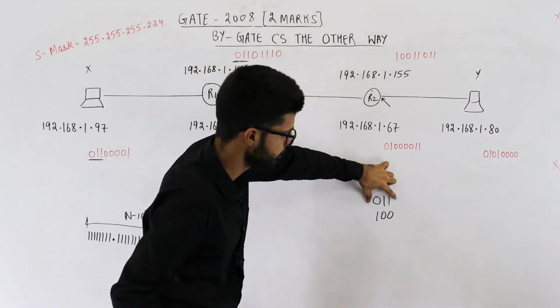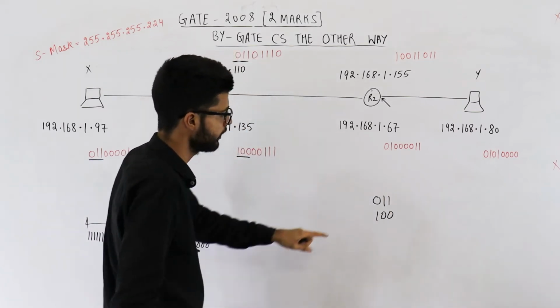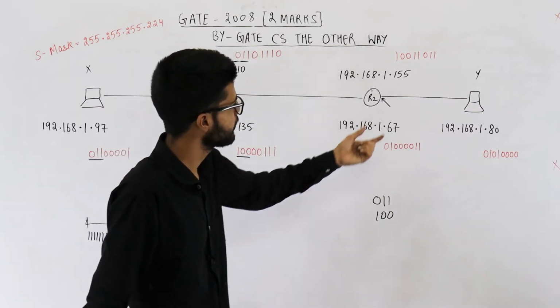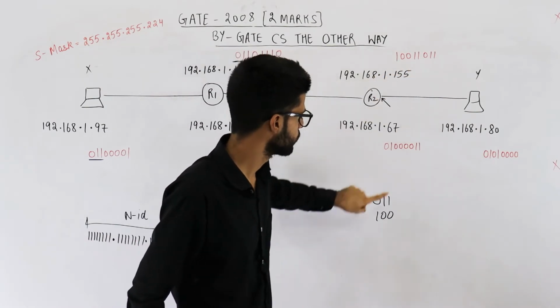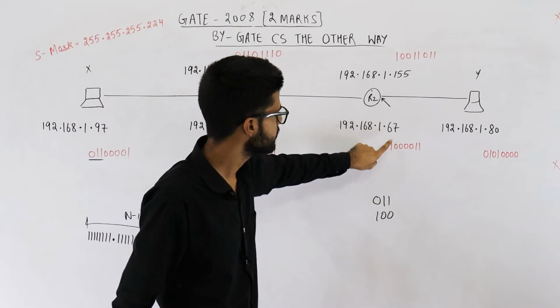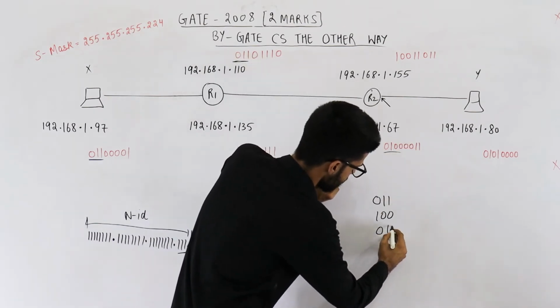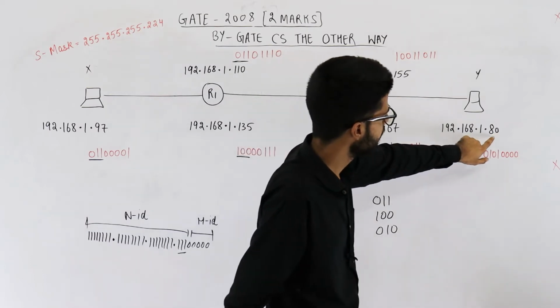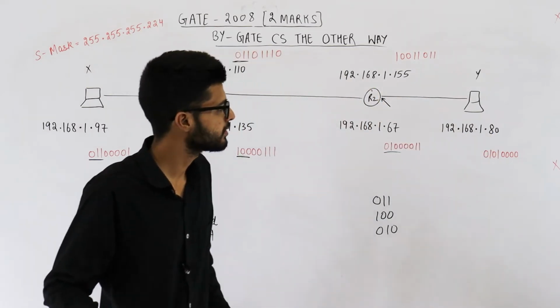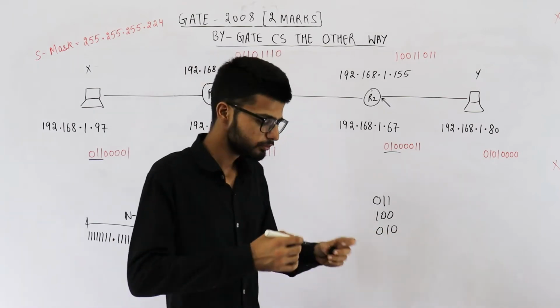So we have already seen there is some network whose subnet ID ends with 011. It's already counted. Now let's analyze this one. It is 100, it is also done. And 67 is 010, let's write this one 010. Then we have 80 in the last octet. 80 means 010. This one is also done.